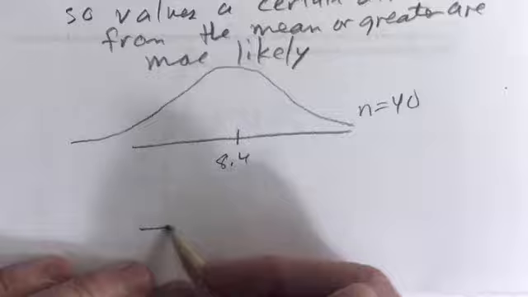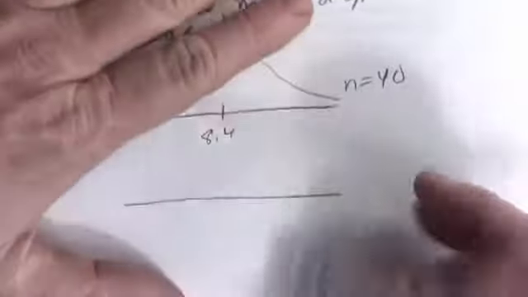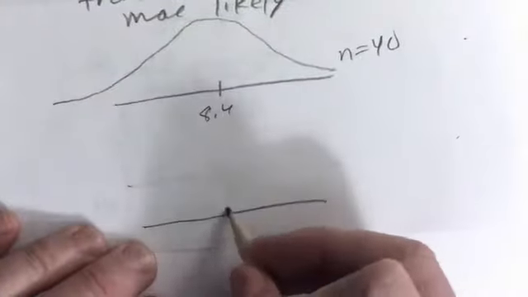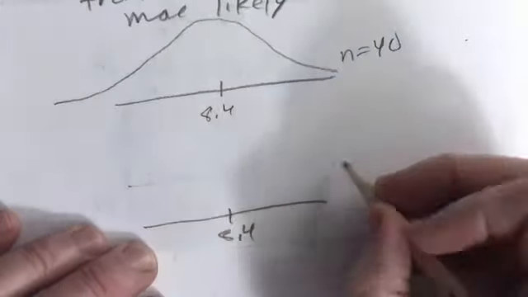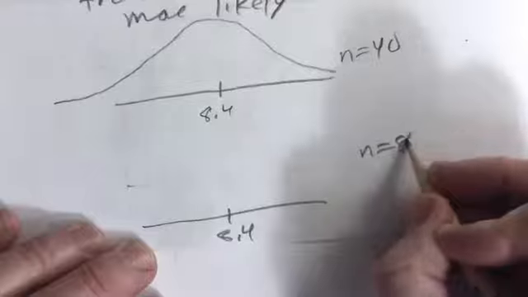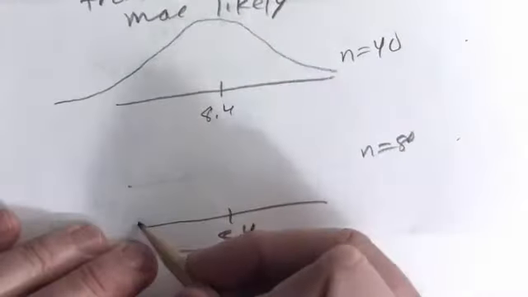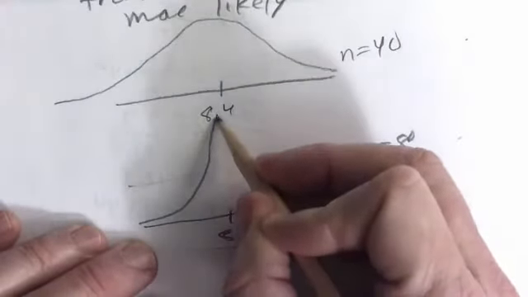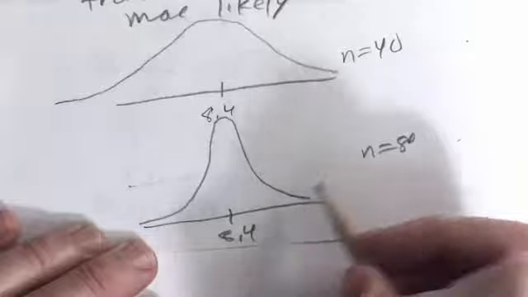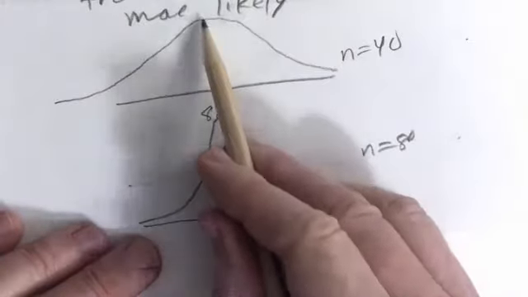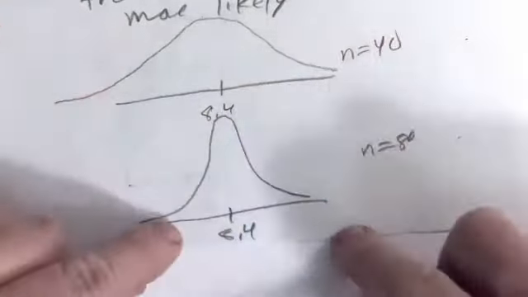But with a sample of size 80, it's going to be skinnier. Things get more condensed around 8.4. Here's a sample size of 80. It's going to go like this. It's going to be really taller, taller in the middle, and then the tails are shorter here.